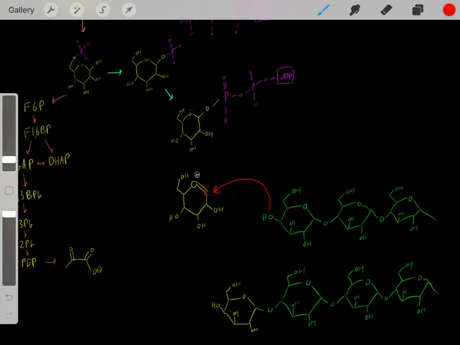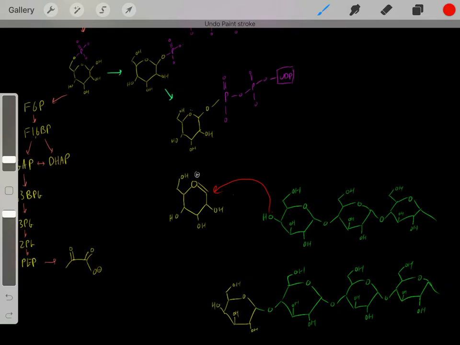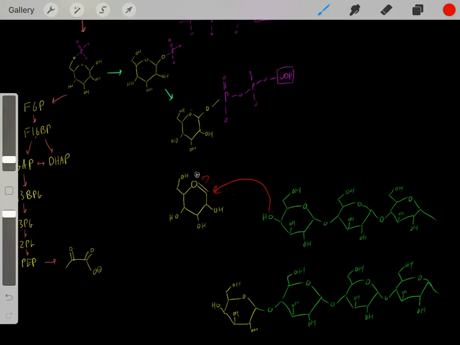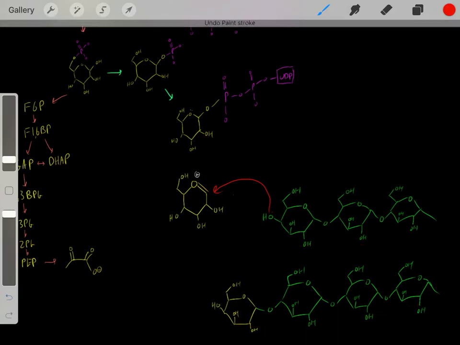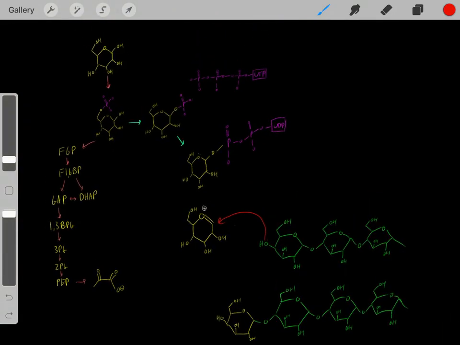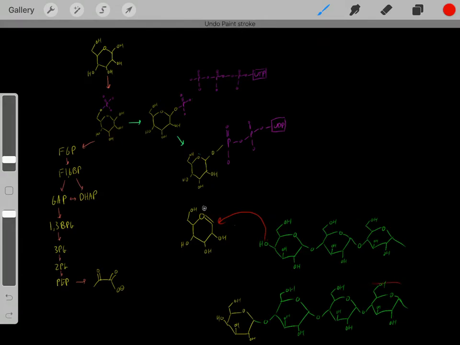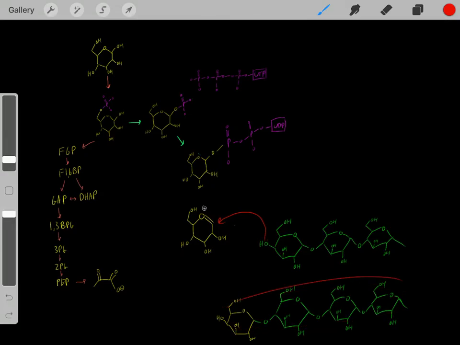So now we can react, where one of these lone pairs attacks this carbon, forming that bond, and when they do that, they push these pi electrons up onto this oxygen, creating this compound. But now we've effectively done it. We've taken this glucose molecule, and we've added it to this glycogen chain, elongating the glycogen chain. So now we have this storage form of glucose.